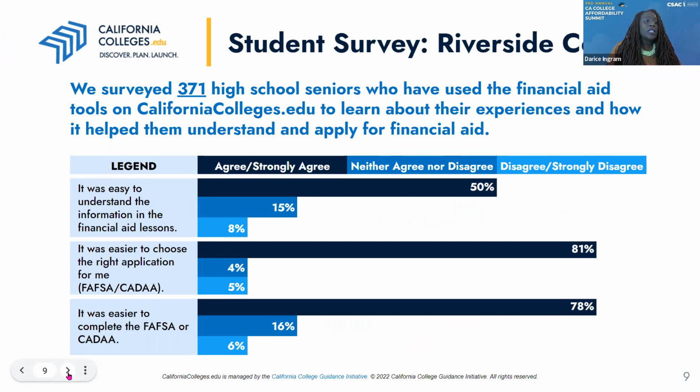And then when we looked at whether it was easier to actually complete the FAFSA and the CADA, you'll actually see how our students responded when we surveyed them. We want to make sure and help you as partners here with CaliforniaColleges.edu get similar results as you work through and start participating and planning for compliance with AB 469 and financial aid for your students.